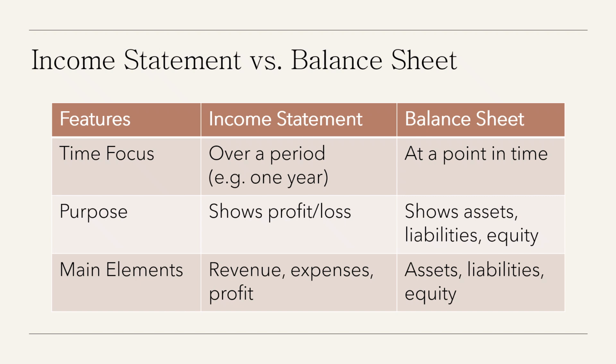The purpose of the income statement is to show the profit and loss, while in the case of the balance sheet we want to know about assets, liabilities, and owner's equity. So the main elements are revenue, expenses and profit in case of the income statement, while in case of the balance sheet it is assets, liabilities, and equity.